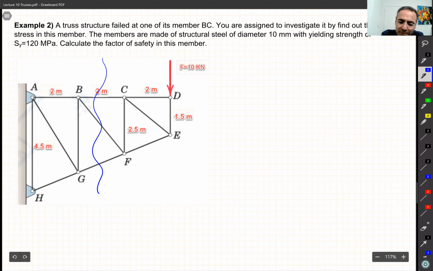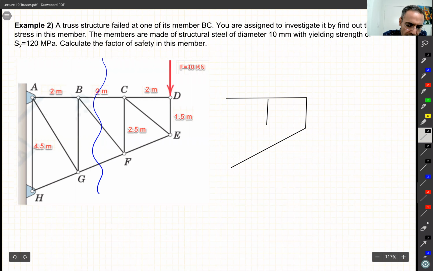Sorry, I removed the left section and I'm left with the right part. For a moment, I mixed up my left and right. So let me draw it again quickly here. So this is what I have. This is the E. This is this guy. And this is that one. And that one.